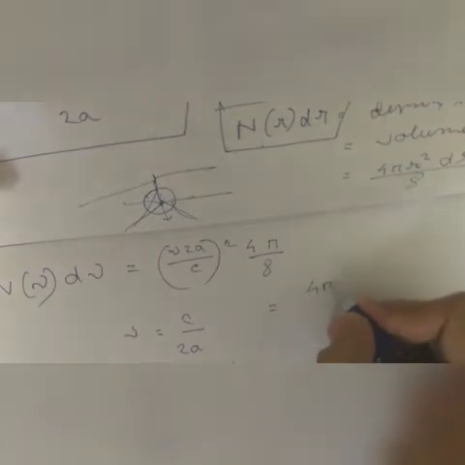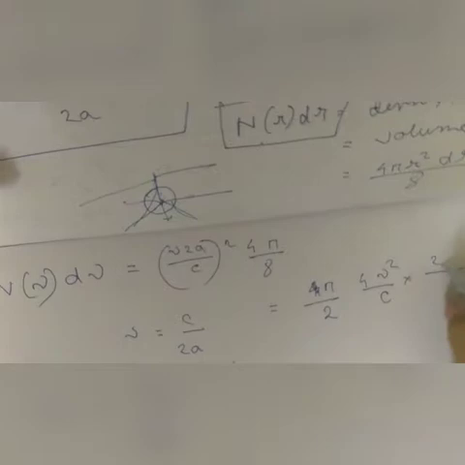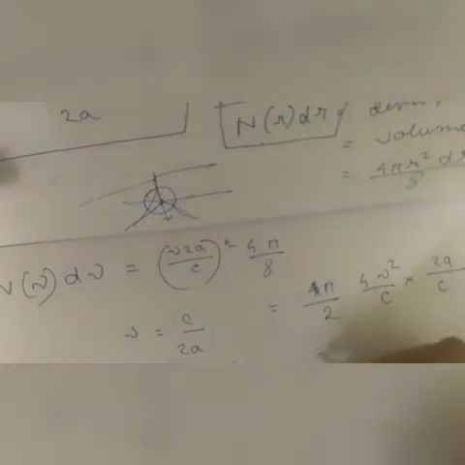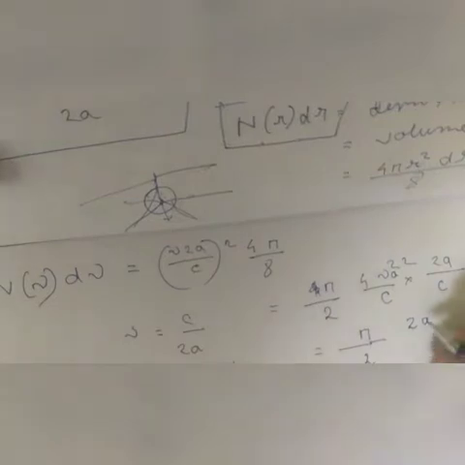4 pi terms will be there again, 4 nu square c twice a by c, like pi by 2, there will be 2a, so there is a term also 2a by c.